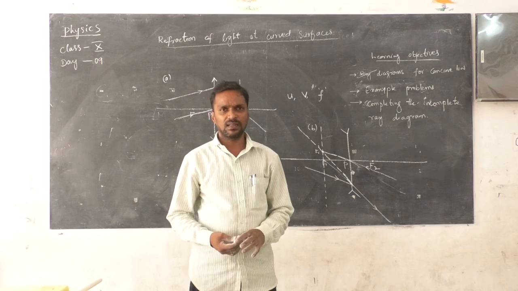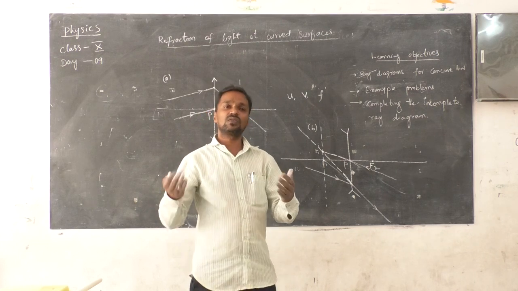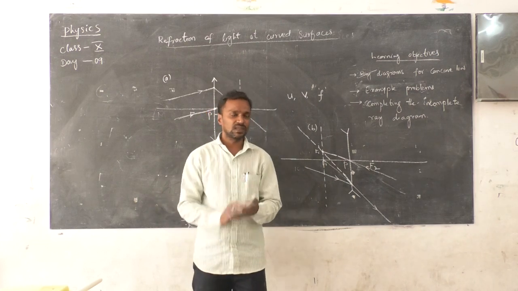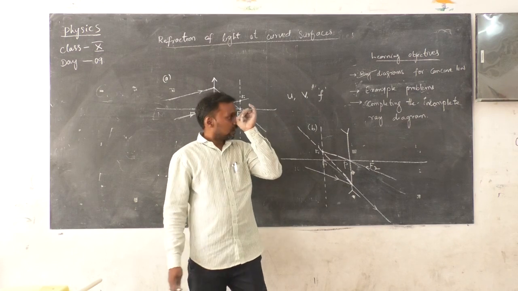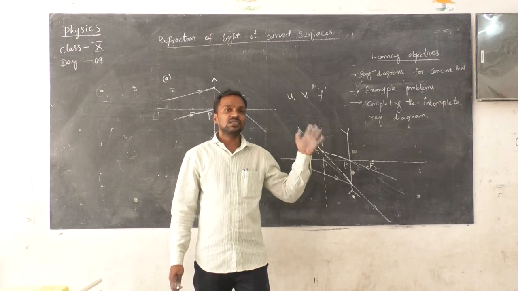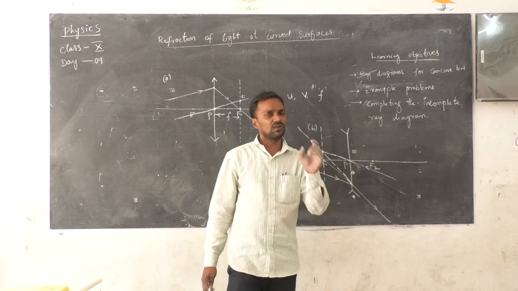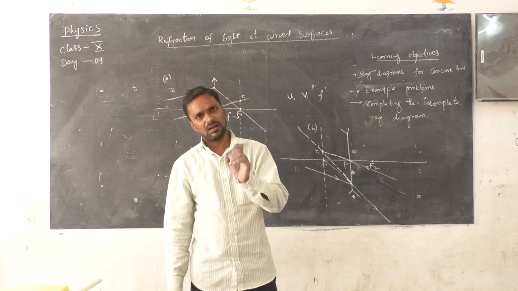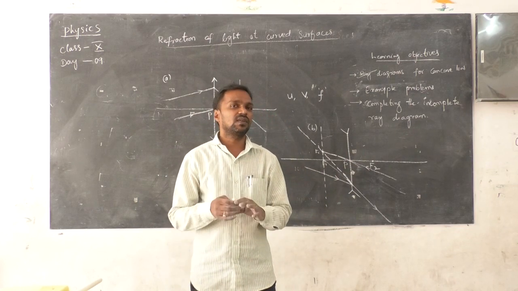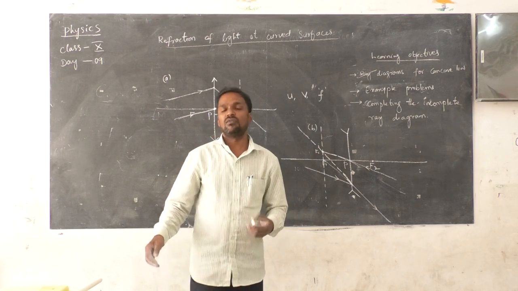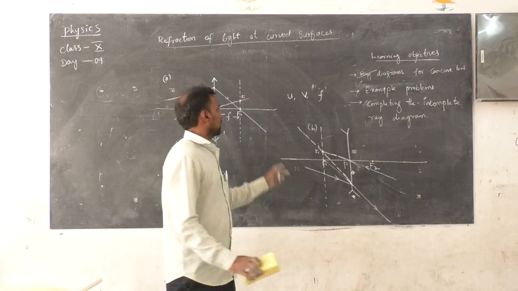To find the image distance, when we know the focal length of a lens and where the object is placed, that is the object distance, then we can find where the image will be formed. The image distance can be calculated.